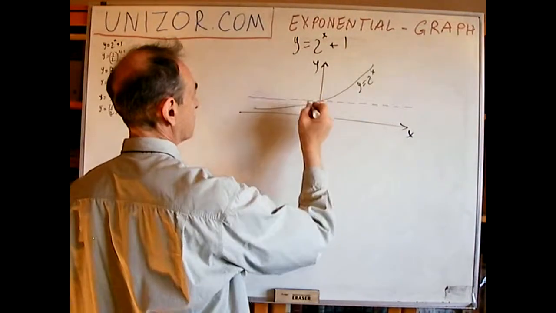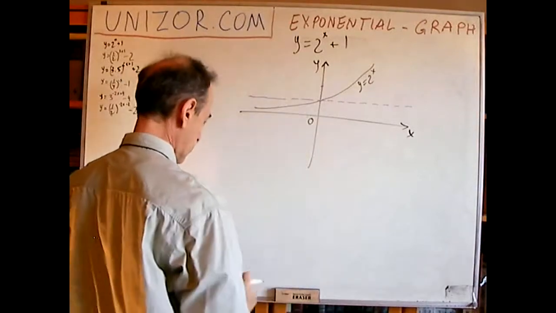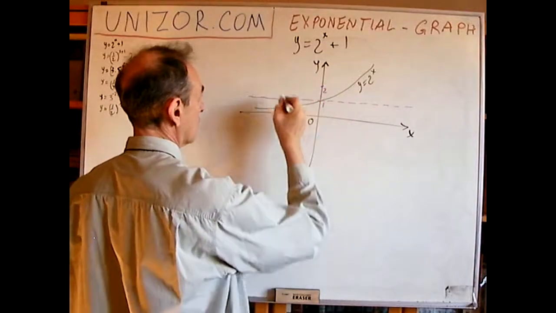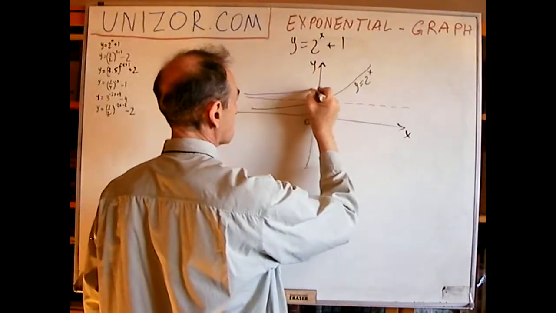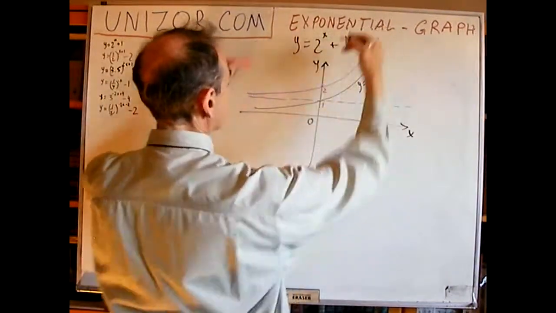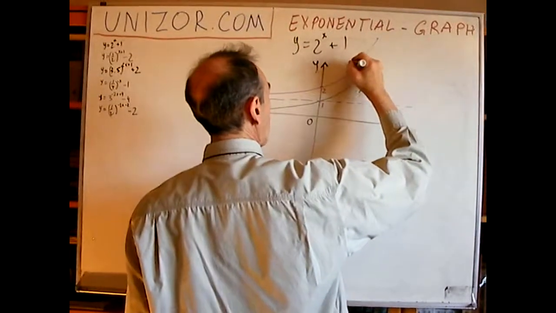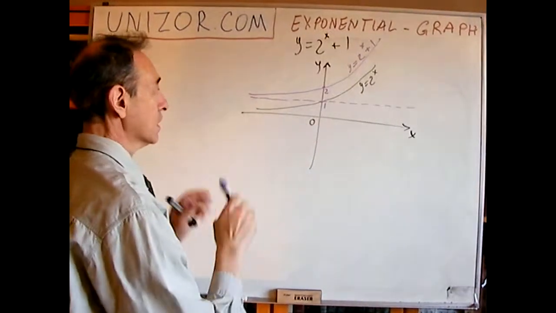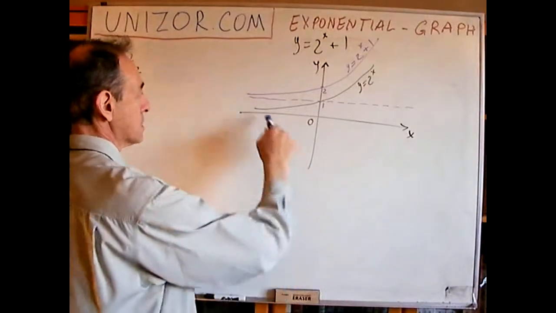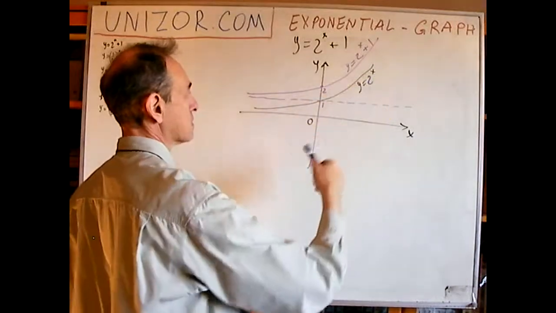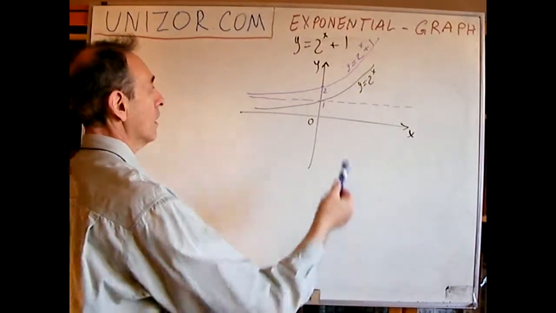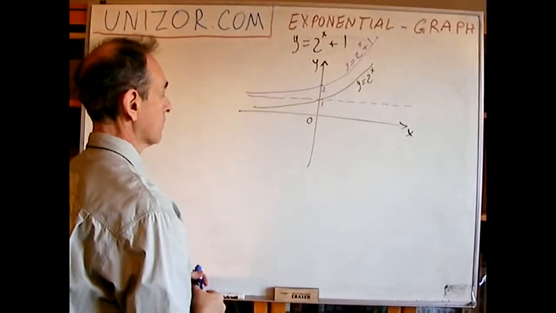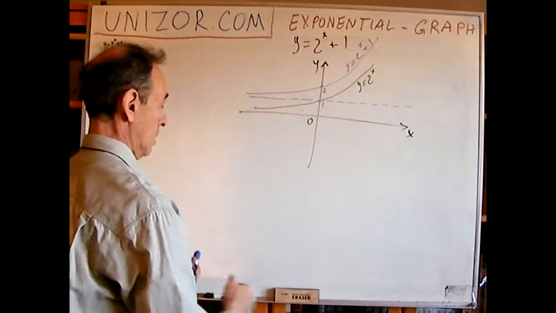And the whole graph will be, instead of going through 0, 1, it will go to 0, 2. So the graph will be like this. The whole graph is shifted up. So this is y is equal to 2 to the power of x plus 1. So we did only one transformation. We started with 2 to the power of x, which is obvious how it looks, and then just shifted it by 1 upwards. That's it.